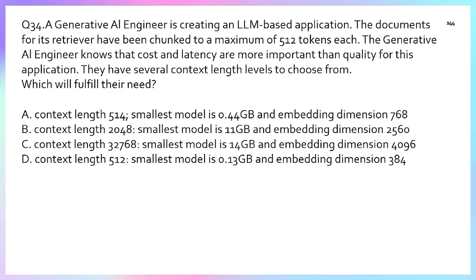Same in option C. But option D has an exact match. Option D has a context length of 512, which perfectly matches the chunk size. It also has a small model size, 0.13 GB, and a smaller embedding dimension, 384. So among all of these, the correct answer is option D.